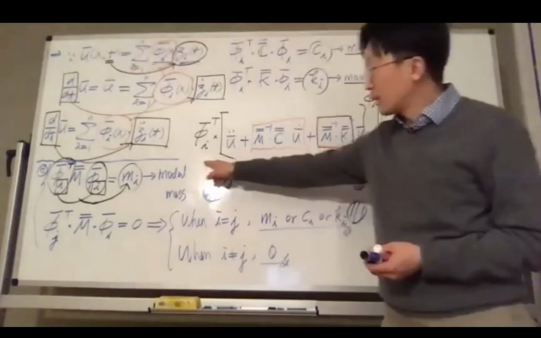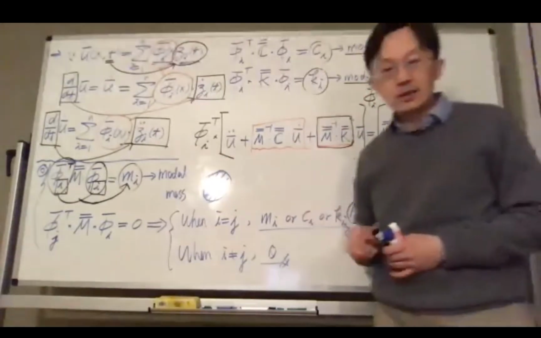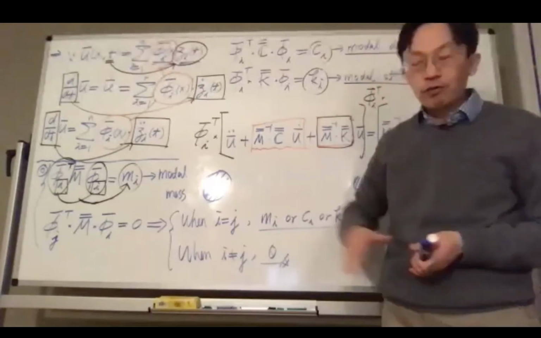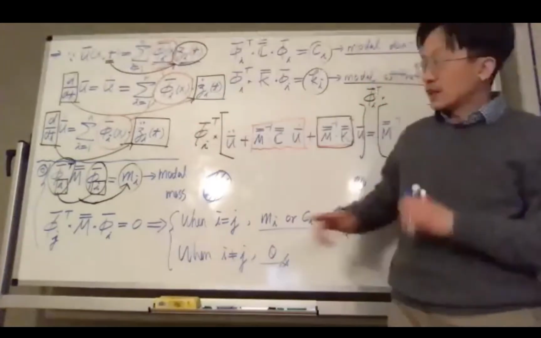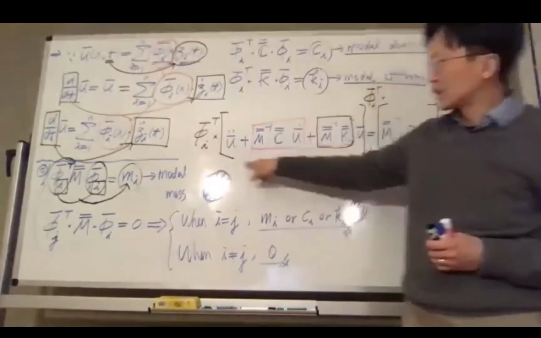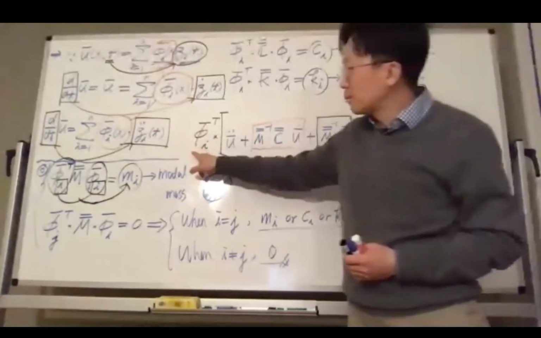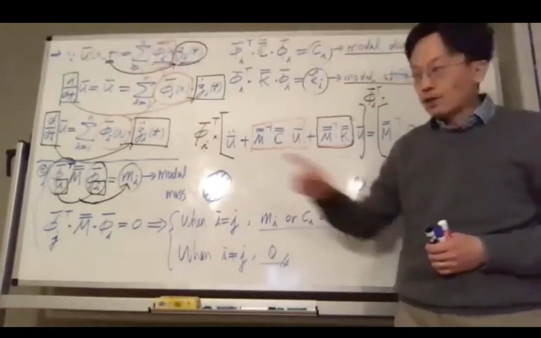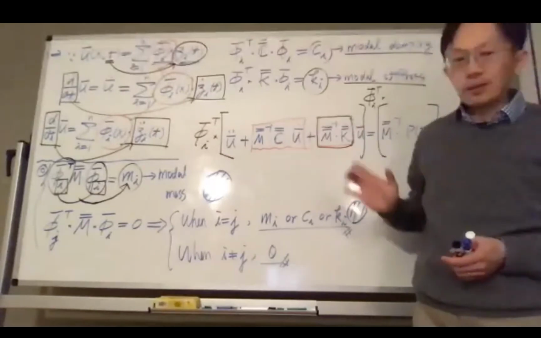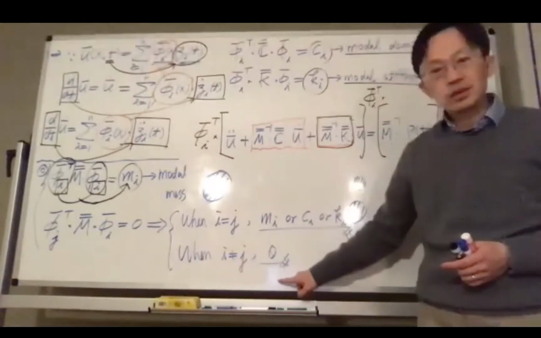So the original governing equation then can be written as the assembly of individual modes. Because if I apply the first mode to this governing equation, I will only keep the first mode out of this governing equation. And everything else will be 0 because of the modal orthogonality.